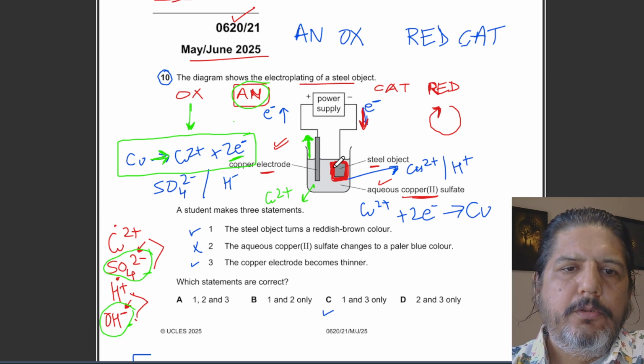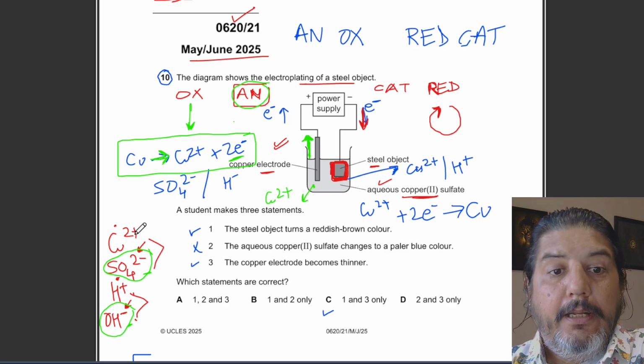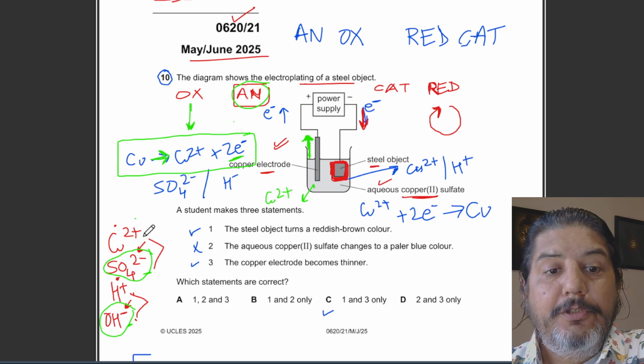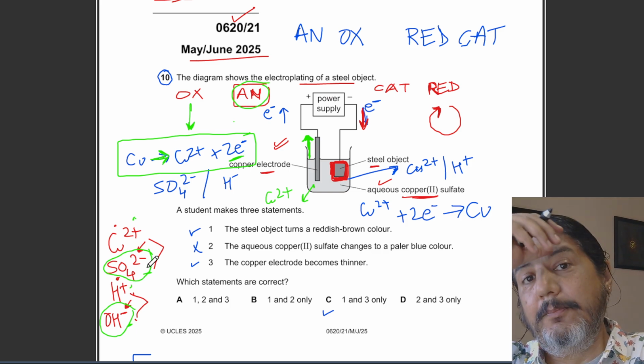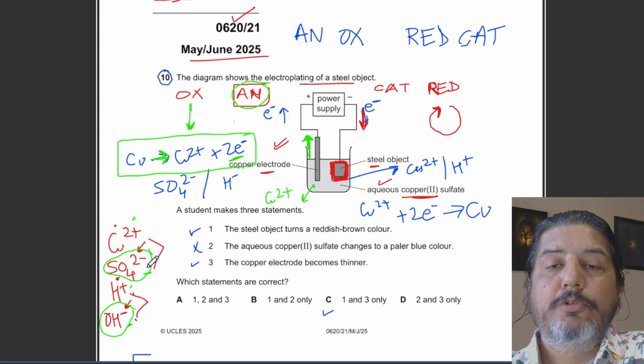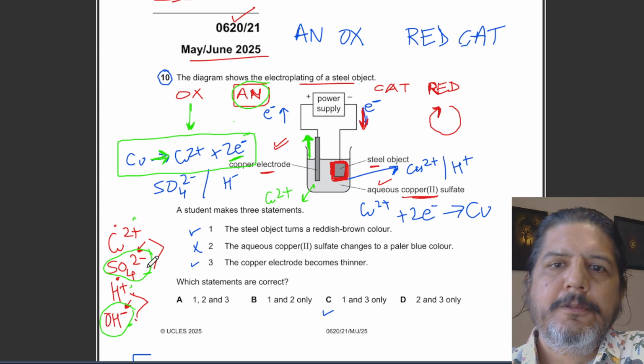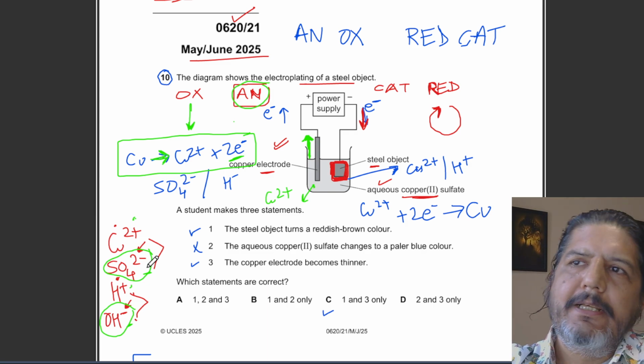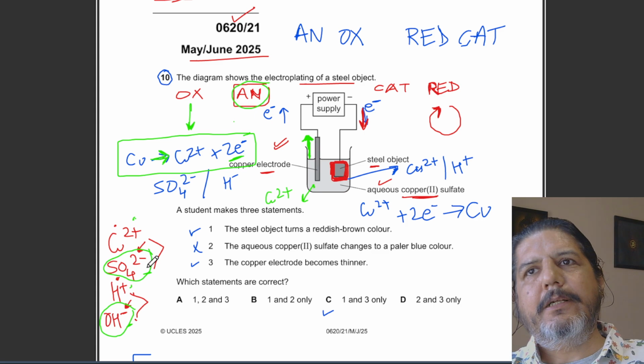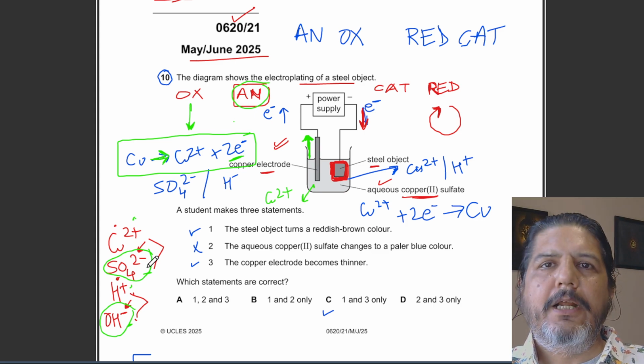And at the cathode, when there is a competition between Cu2+ and H+, the simple thing that you need to understand is that once you have an active electrode, the active electrode hijacks the process. So Cu2+ will be playing the major role at the cathode also.